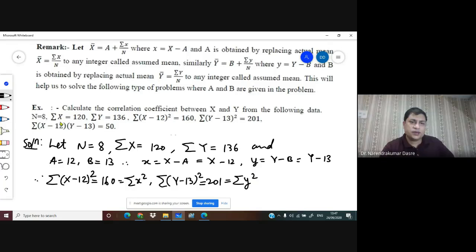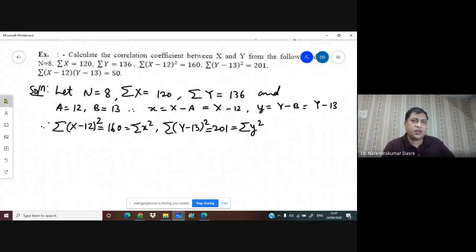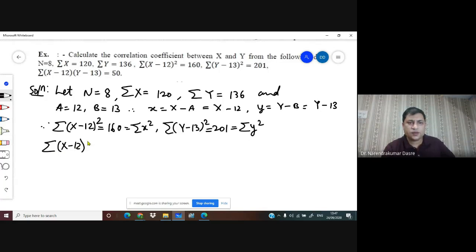And then this term: summation of capital X minus 12 into capital Y minus 13 is going to be 50. So it is summation small x into small y.